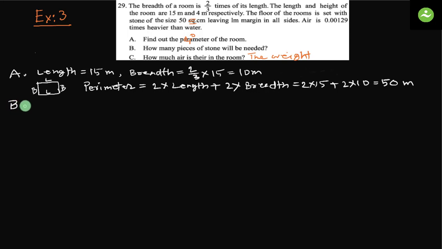B. How many pieces of stone will be needed? The floor is set with stones of the size 50 centimeter. The size of each stone is 50 centimeter, which means each side of the stone is 50 centimeter, as stones are always square shaped.